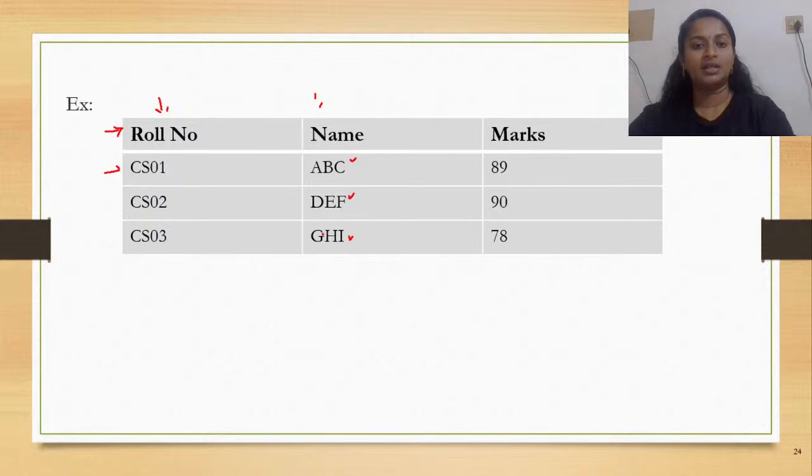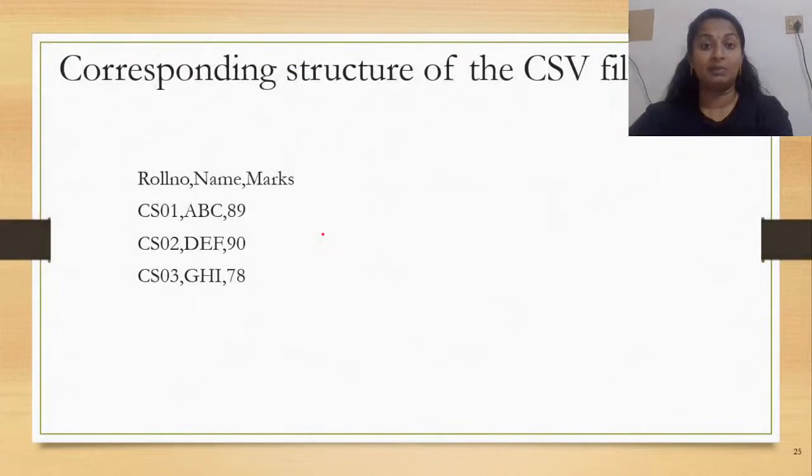Now, assume that this is spreadsheet information, and let's see how the same thing would appear in a CSV file. So the corresponding structure of the previous example in the CSV file would look like this. The very first line would be the heading, and the actual values follow from the very next line onwards.